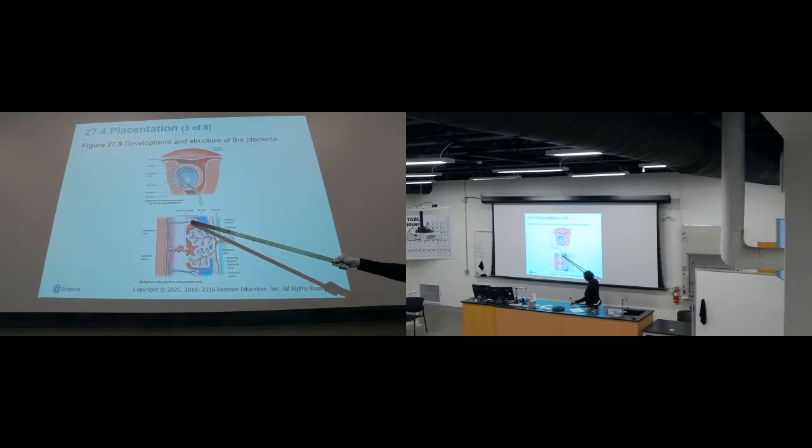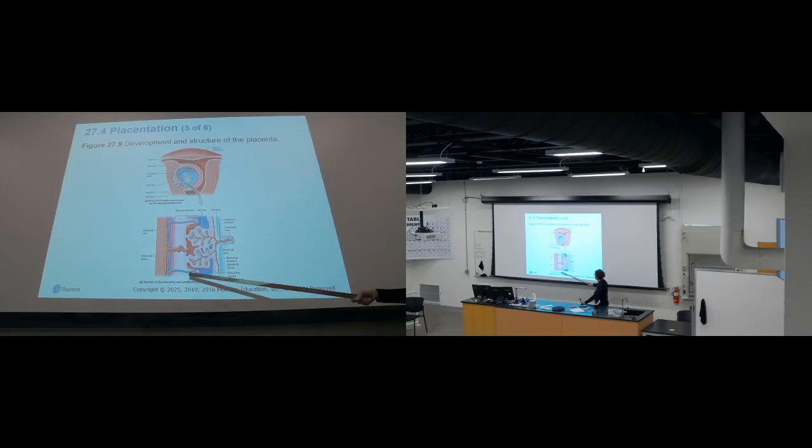And then here we have the chorion, which is this large space. And then here you have the maternal blood vessels. And then you diffuse oxygen from the maternal blood vessels into this umbilical vein. And then these umbilical arteries form capillaries within these chorionic villi, and they diffuse CO2 and wastes into the veins of the maternal side of the placenta.